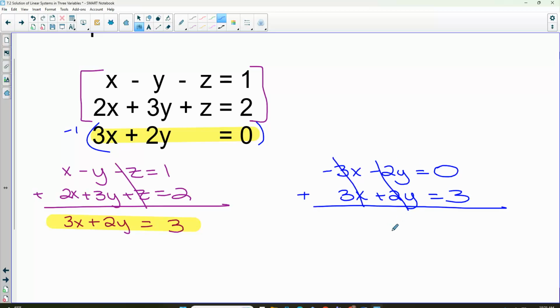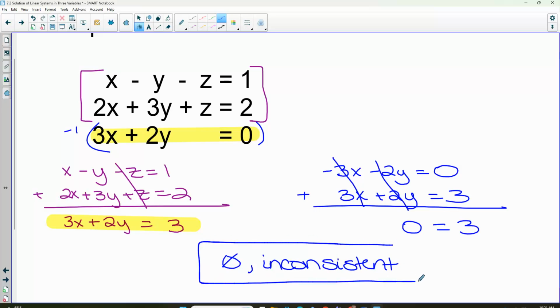Negative 2y and positive 2y cancel. If everything cancels, that's just 0 equals 3. Does 0 equal 3? So what does that mean? And what other word do we write along with that? I told you on that first day that the directions will always say solve, identify any inconsistent systems. So if there's no solution, it is inconsistent.